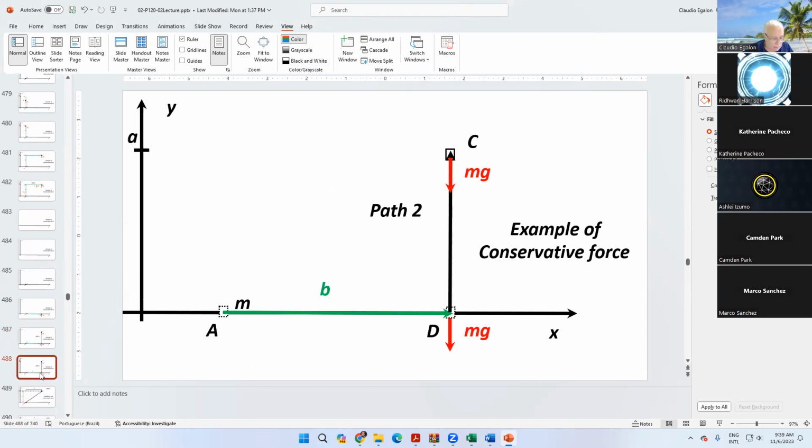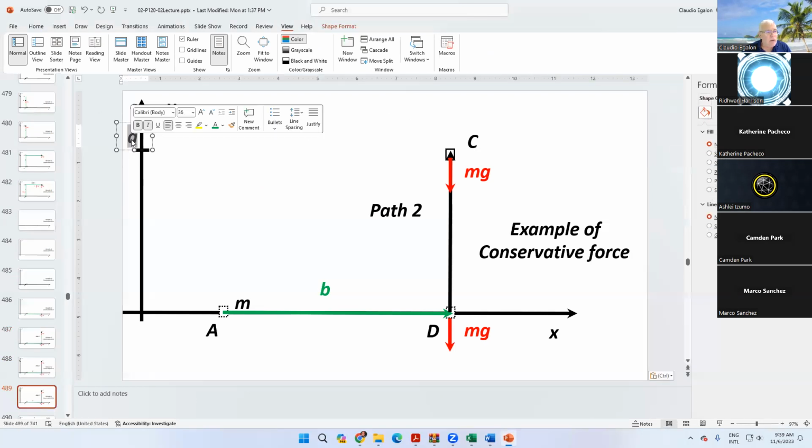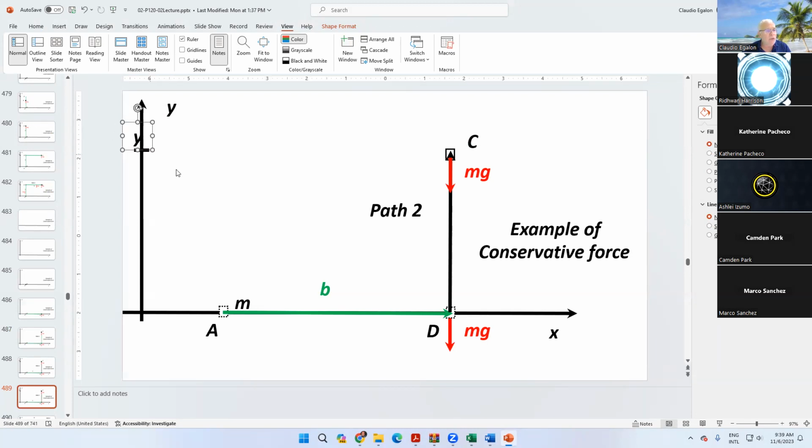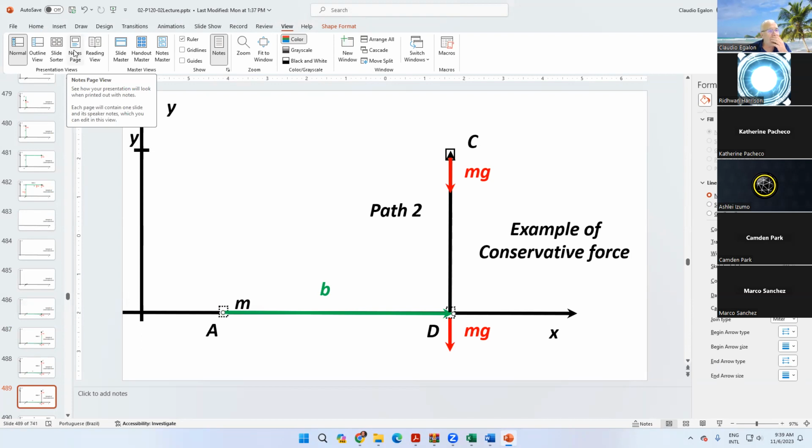Let's see, I'm going to do it in a very generic way. Instead of calling it A, I'm going to call this position the position y. There's a reason for that. And I have this path from A to C. That's going to be a very generic path.